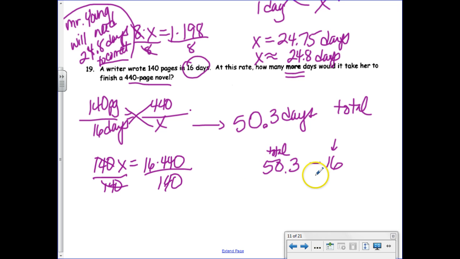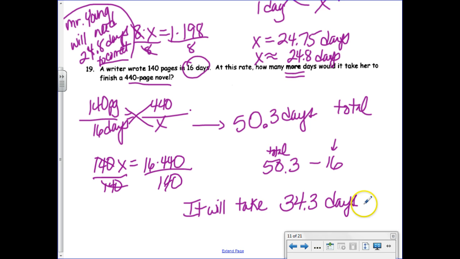So let's subtract and see what's left. And you should get 34.3 days is how many more days of writing she will need. So you can say it will take 34.3 days to finish. Perfect.